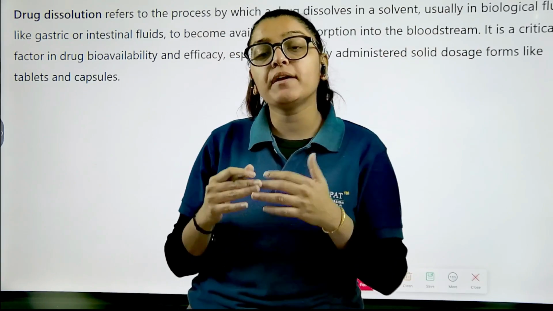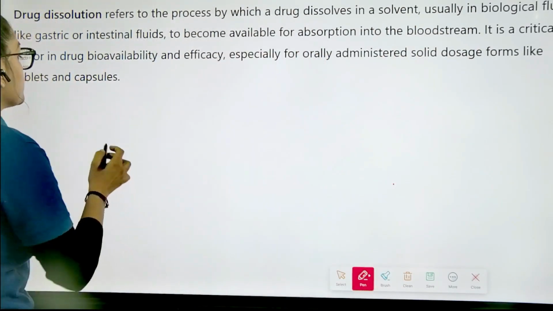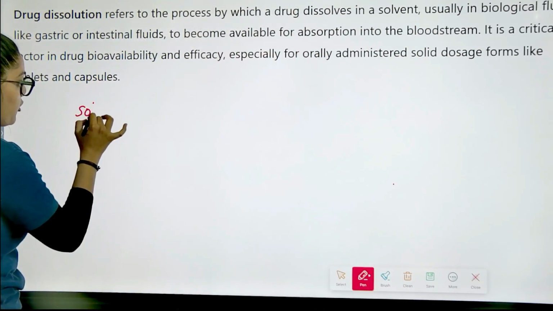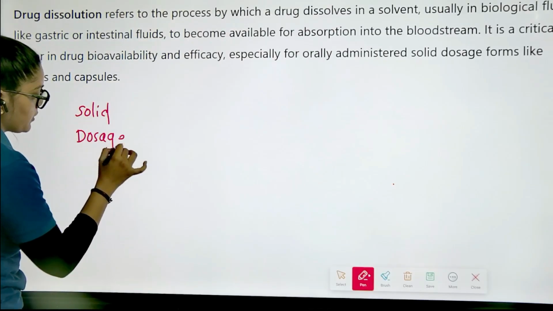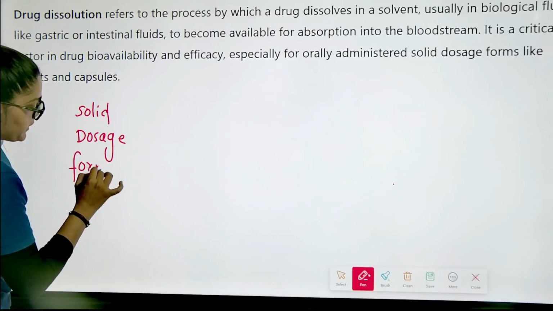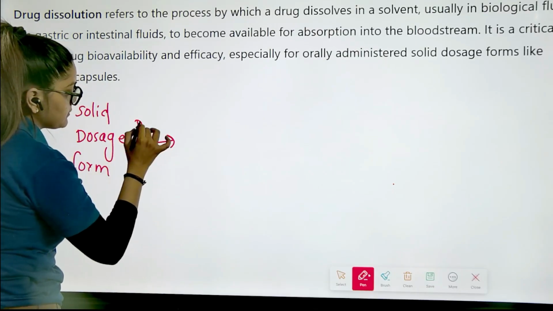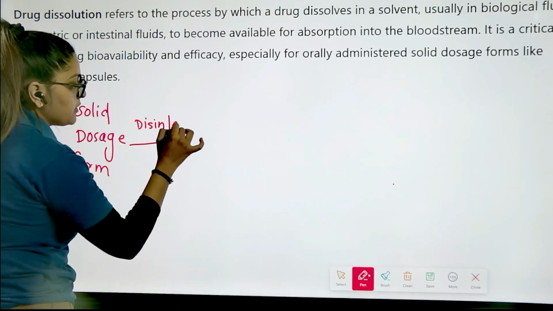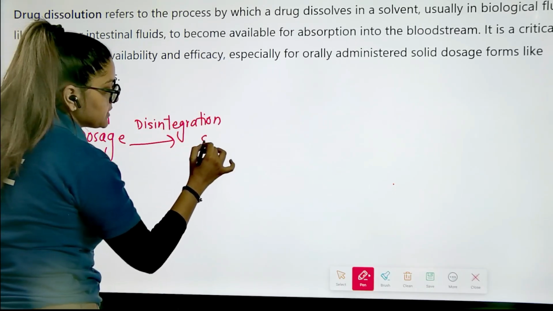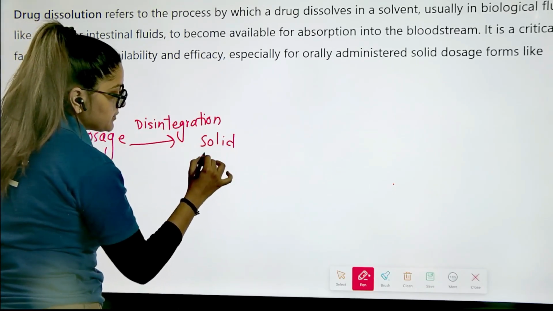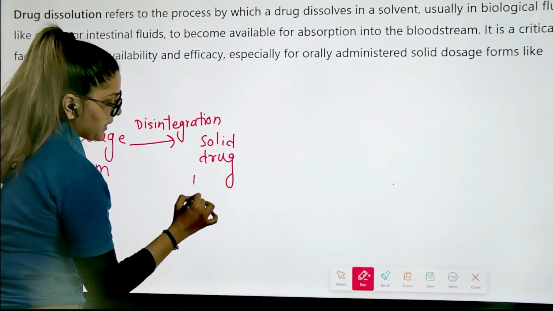So in case of our drugs, what actually happens? You have any solid dosage form, right? It is going to disintegrate. Upon disintegration, it is going to give us the solid drug particles.